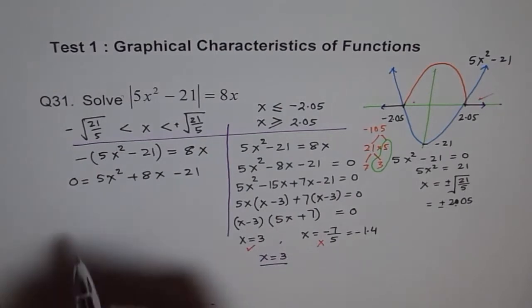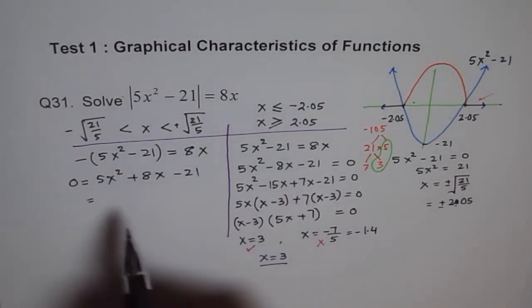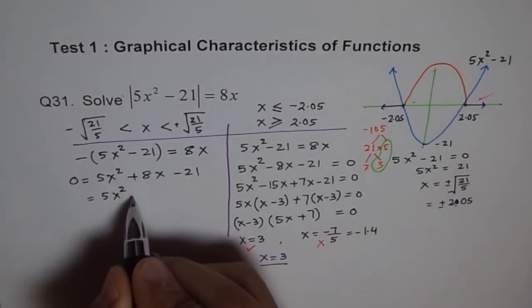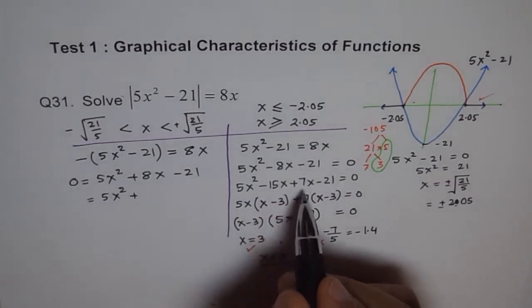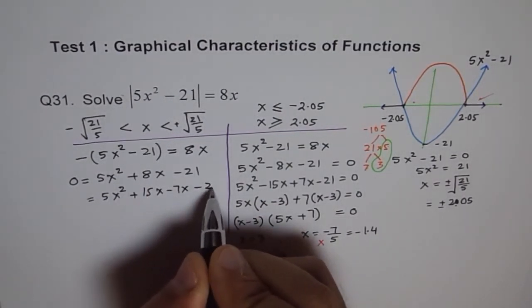We got a similar equation, and we know the magic numbers this time, which are 15 and 7. But since this is positive, I will write 8x as positive 15x and minus 7x minus 21, correct?